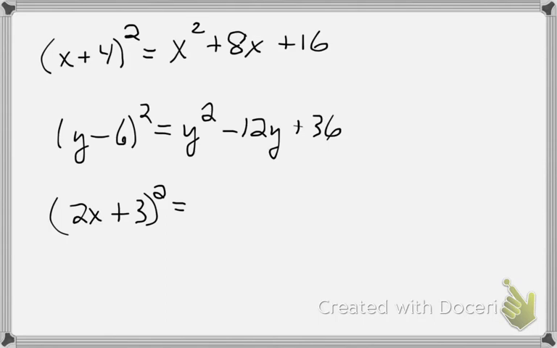Who's playing the role of b? 3. So a squared is going to be 4x squared. A times b would be 6x. Doubled is 12x. And then b squared is, what's 3 squared? 9. Is that okay?